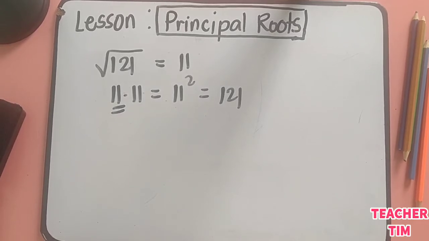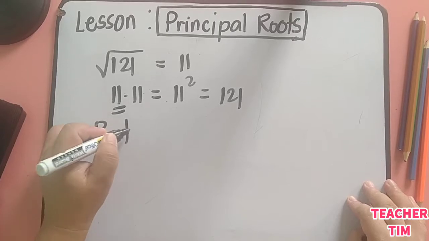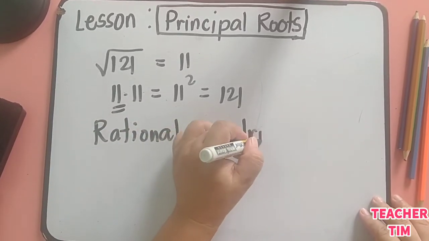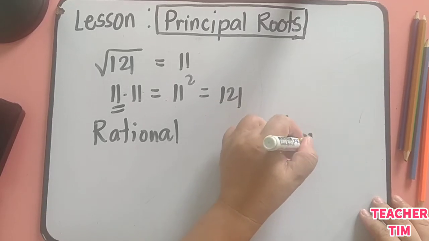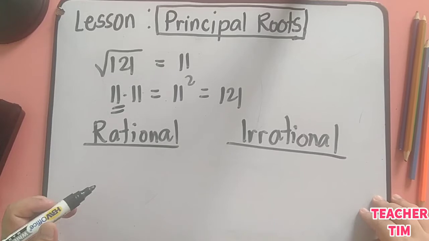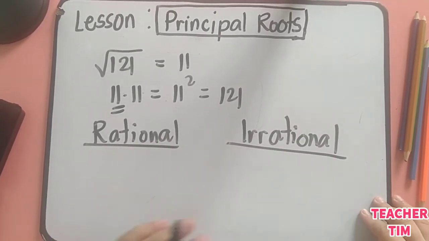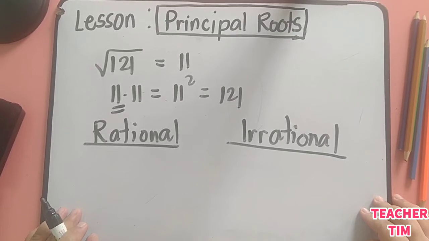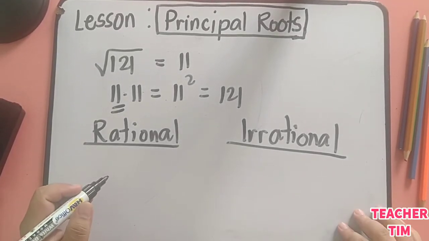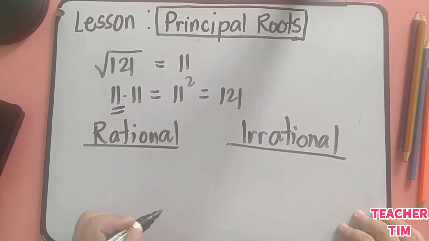Now, let us identify whether the principal root is a rational number or irrational. How to identify if its principal root is a rational number or irrational number? Our first example a while ago is the square root of 100.